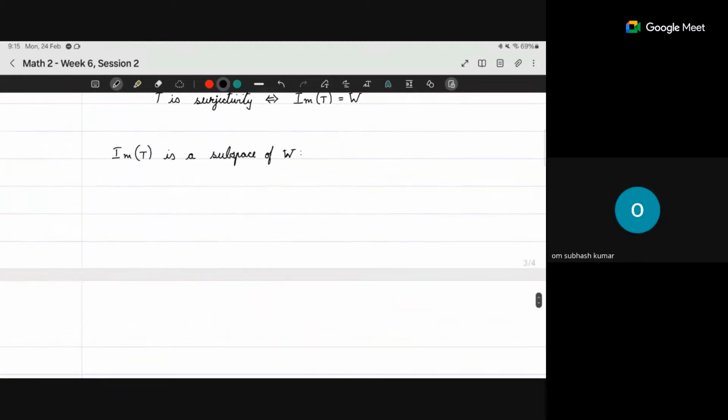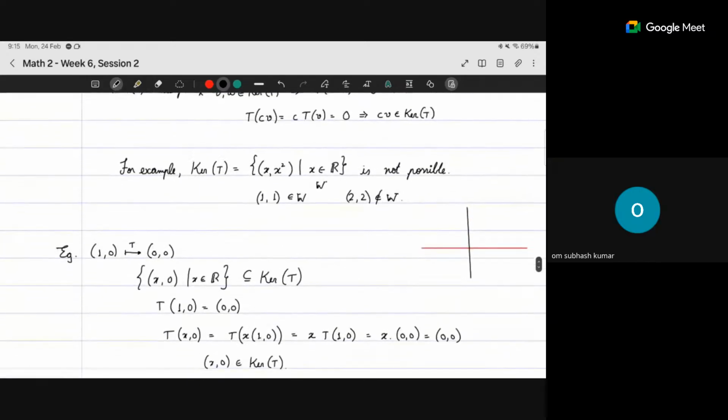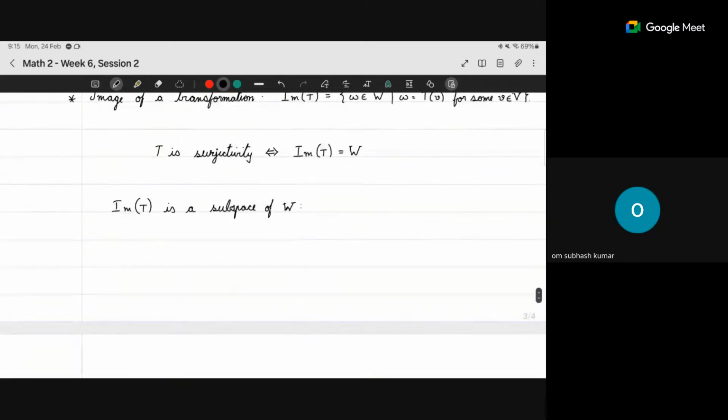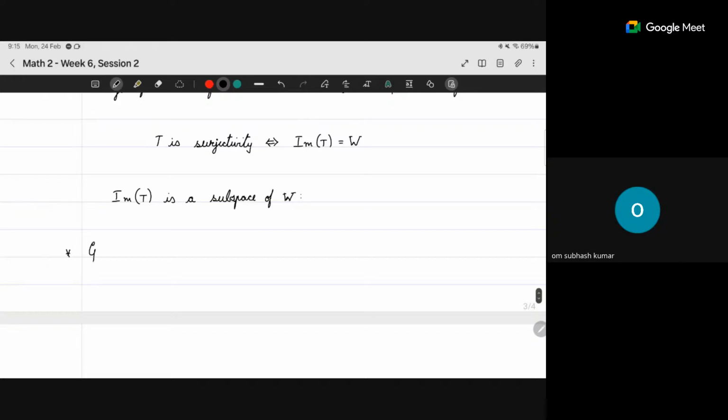Can you repeat, sir, once more? Okay, so let me write that. Given a linear transformation T from V to W, there are two subspaces.